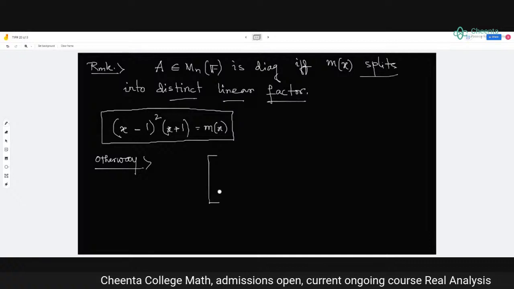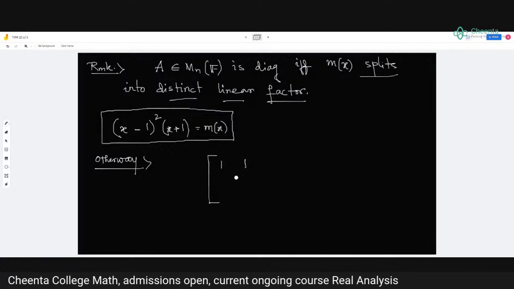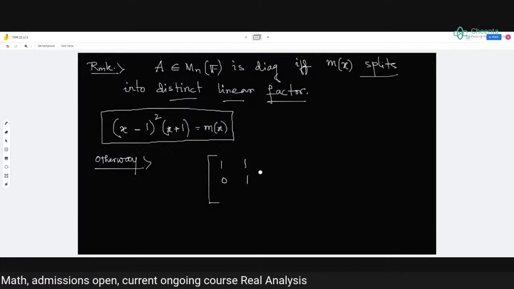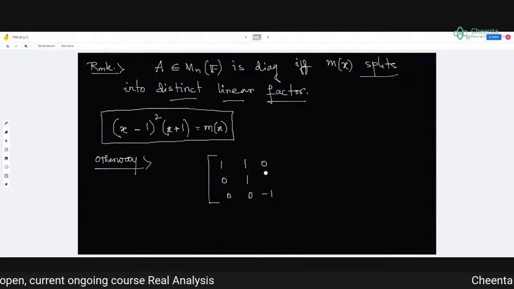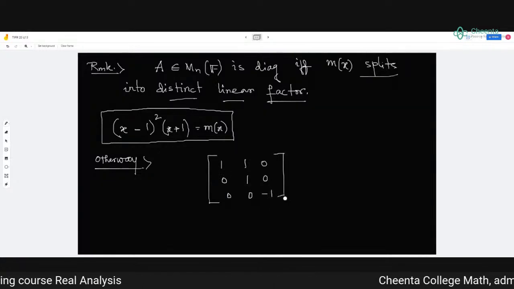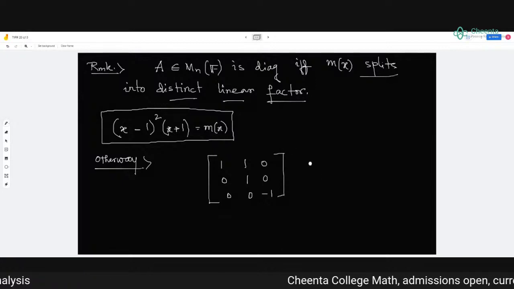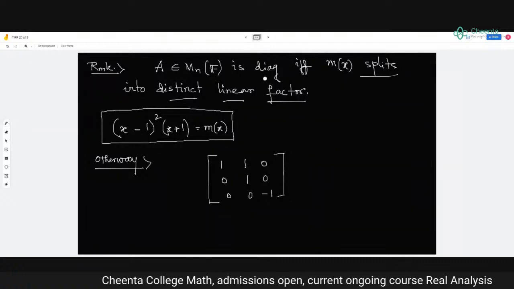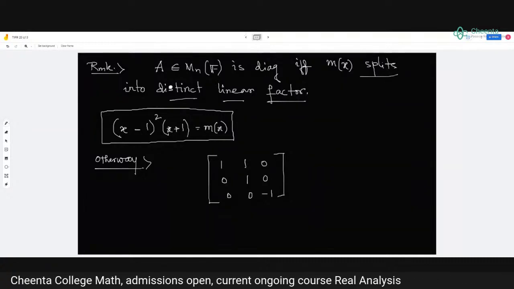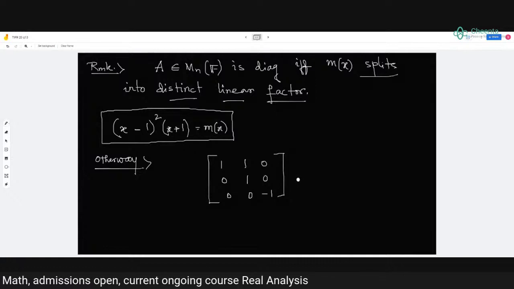If you look at this matrix, 1, 1, 0, 0, 1, 0, 0, 0, minus 1, then the characteristic polynomial, as I have said before, is precisely the polynomial that has been given to us.